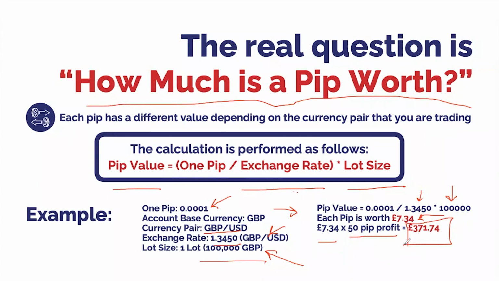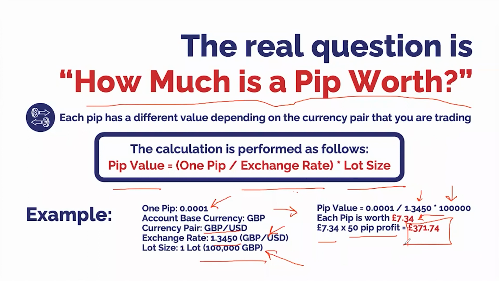And I don't know, if you're anything like me, then that's not a bad day. There's a lot harder ways to earn £371. So you can, as I said earlier, really start to see how you can use leverage to your advantage if you have a smaller account, because you can trade higher lots and with a low margin requirement.